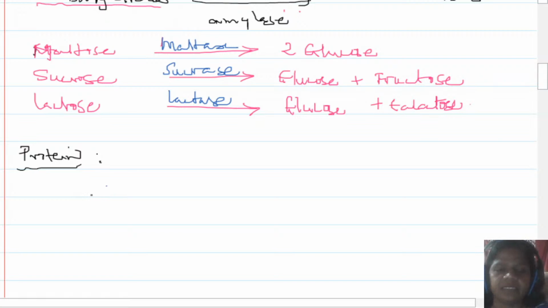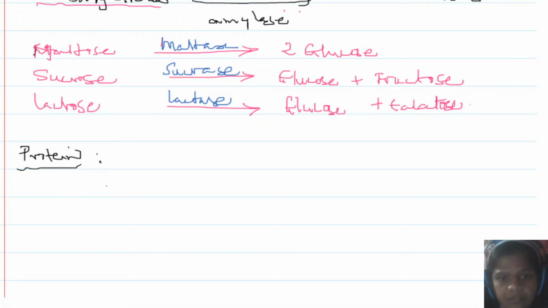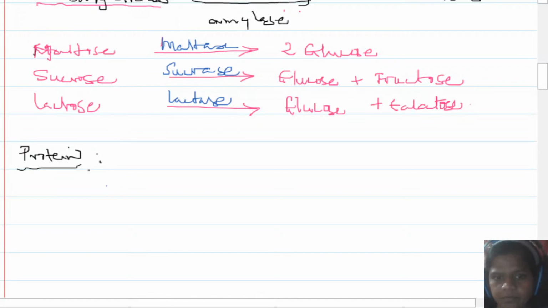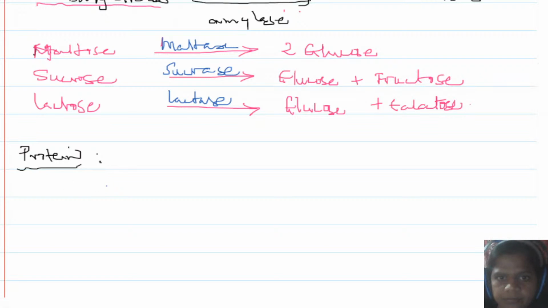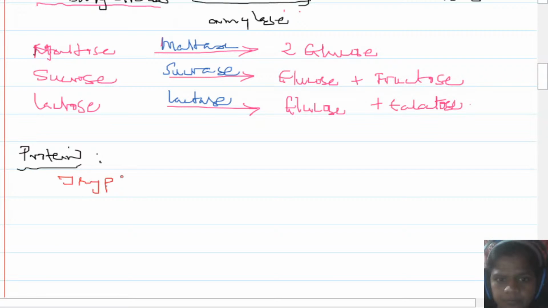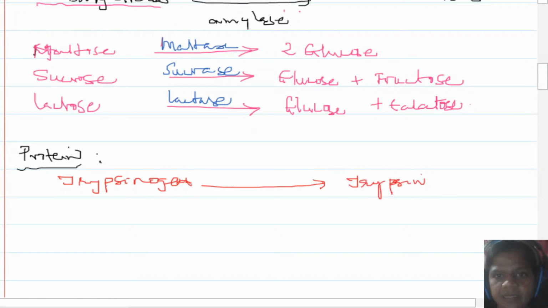In the pancreatic juice, we find trypsinogen, which is an inactive enzyme. This is converted to trypsin by the enzyme enterokinase.